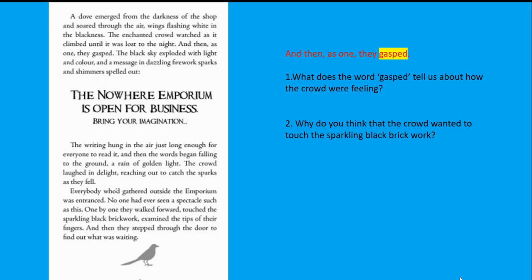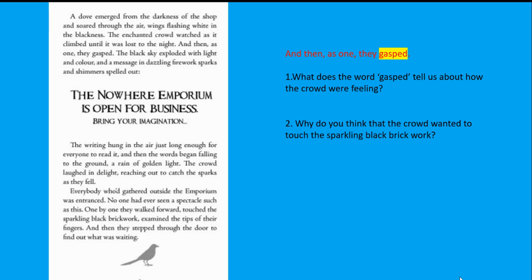What do you think might be waiting? So, what does the word gasp tell us about how the crowd were feeling? Well, if you're gasping, then it means that you're in amazement, doesn't it? You're lost for words. Why do you think that the crowd wanted to touch the sparkling black brickwork? Well, they seem to be amazed by it, don't they? They want to touch the brickwork and to see perhaps what it's made out of, or why it's sparkling.